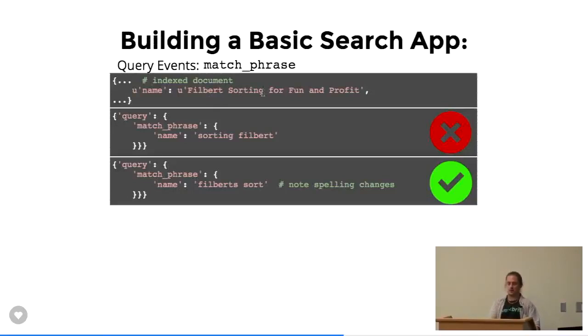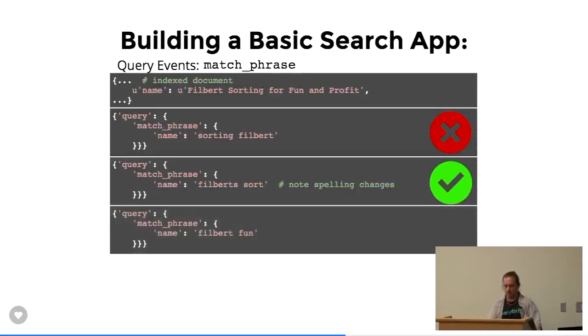The original document has uppercase and has different parts of speech. But think about as a user looking for something, you don't quite remember the name of the movie, but you're probably going to get something like this. So getting these type of fuzzy matches is a specialty of search technology. Filbert fun won't match because there's space between Filbert and fun. Just more example of how match phrase works.